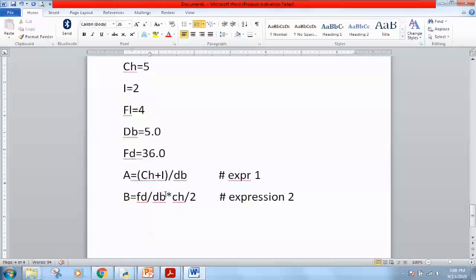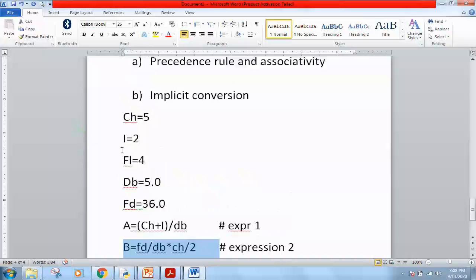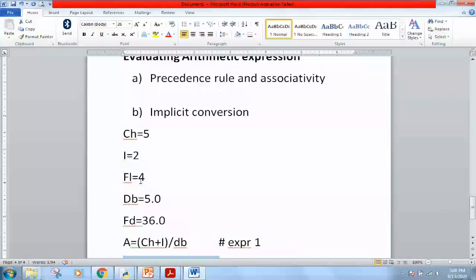For example, this is an arithmetic expression, and this is also an arithmetic expression. Here ch, i, db, fd, db are all different variables, or you can say these are the operands. Now I have given their values also. Some of them are integers, and some of them are floats.